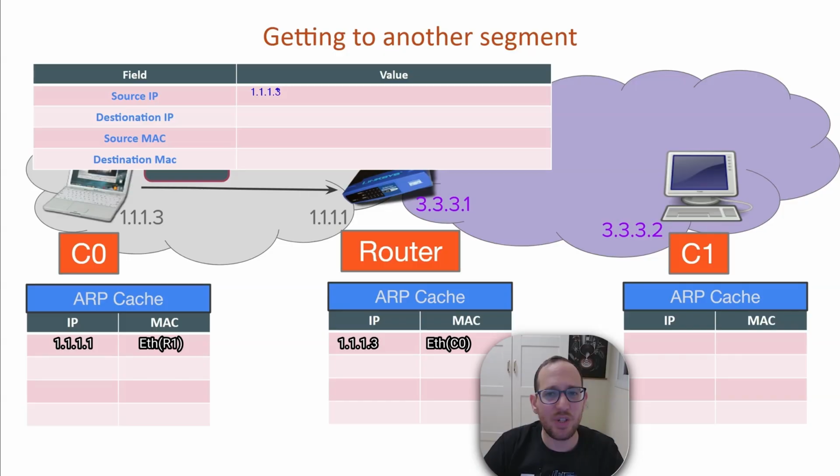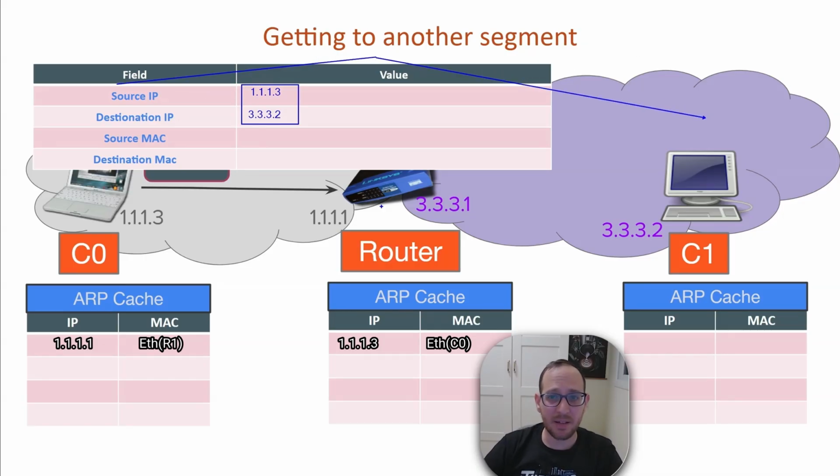And the destination IP would be 3332, that of C1. That's an important thing to see here. In the IP layer, it goes from the first hop to the final destination. So the IP layer, what I marked here in blue, is actually this kind of arrow here. It's all the way from source to destination.